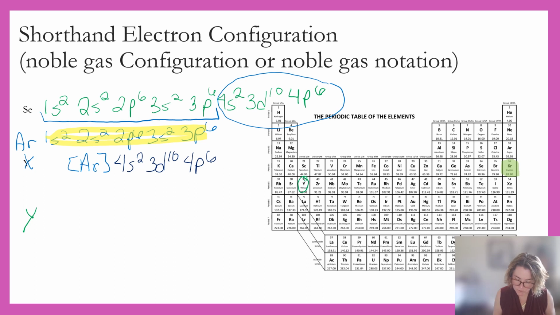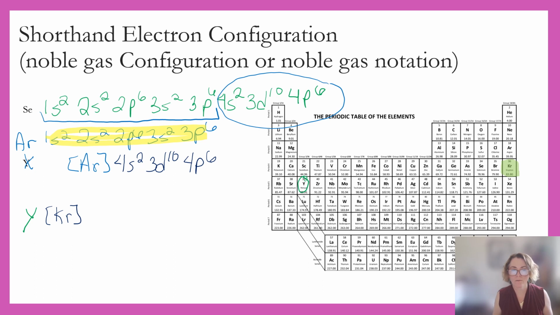So what I'm going to do here is write krypton in brackets, and what that is going to represent for me is the entire electron configuration up to krypton.